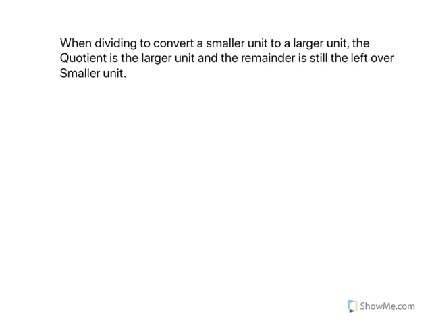All right, next we're going to go from smaller units to larger units. And when we're dividing to convert a smaller unit to a larger unit, the quotient is the larger unit and the remainder is still the leftover, that's the smaller unit. So I'm going to start with measurements that we're more familiar with. I have 46 feet, and I want to know how many inches that is.